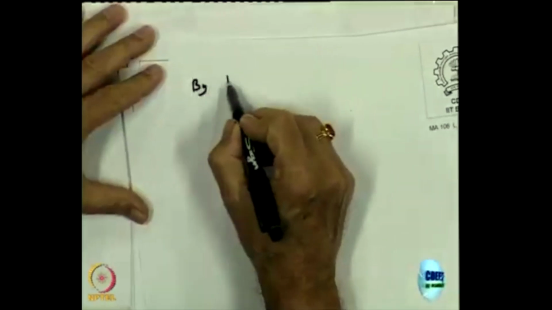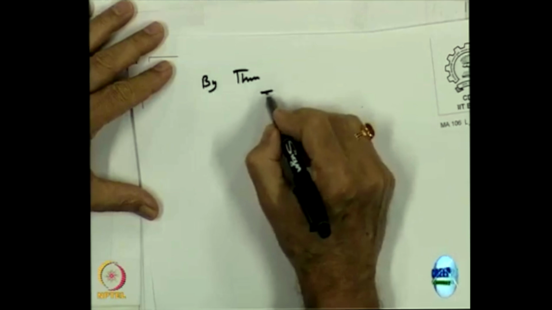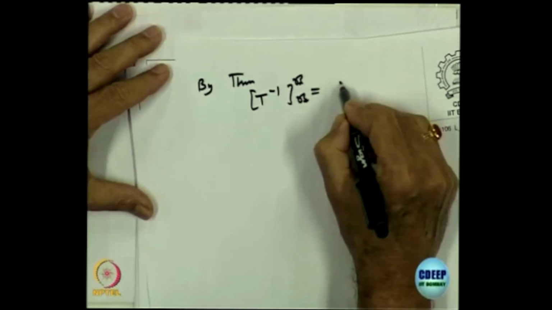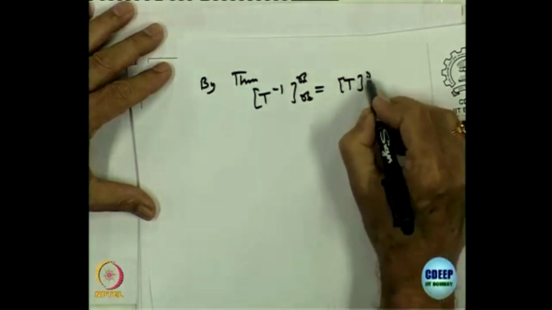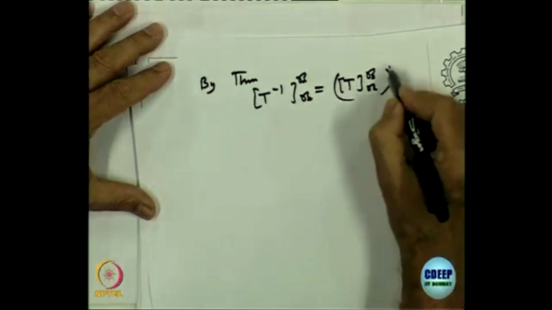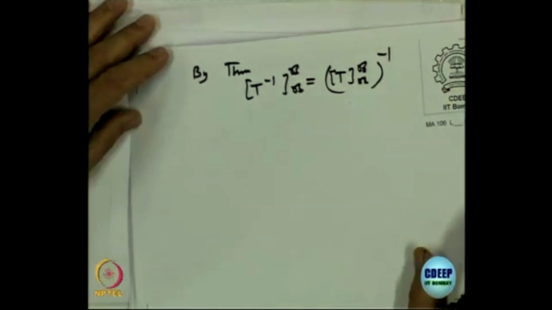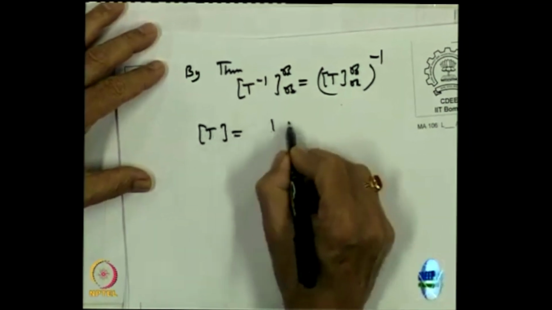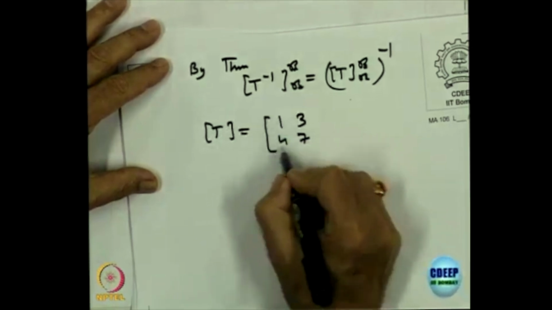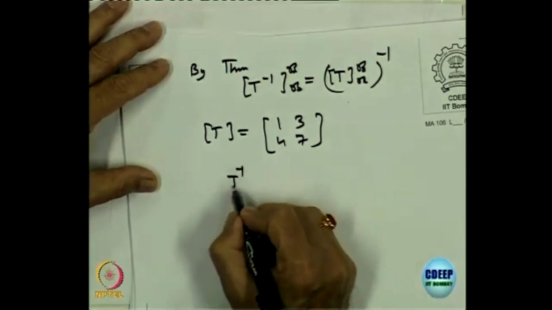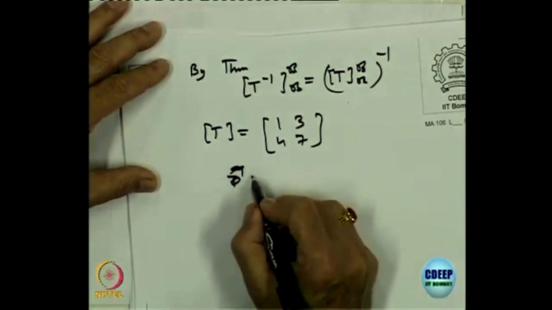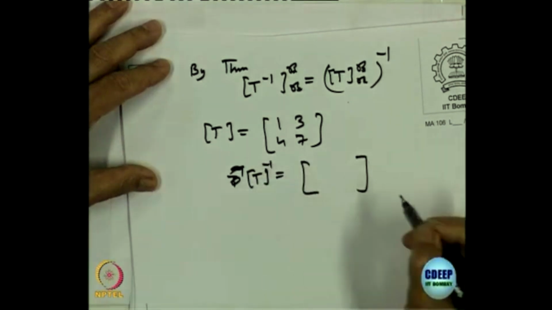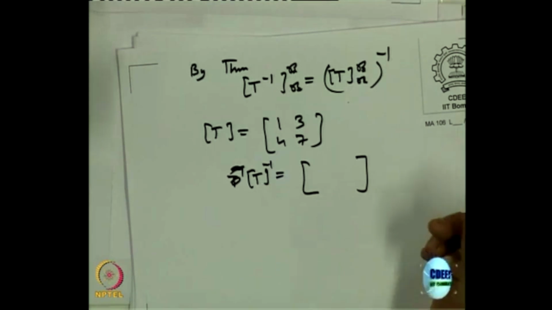By theorem, the matrix of T inverse is equal to, look at the matrix of T and find its inverse. Given the matrix of T, 1 3 4 7, I have to find its inverse, because it is nice and simple.